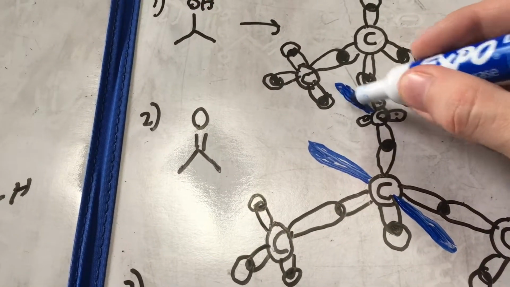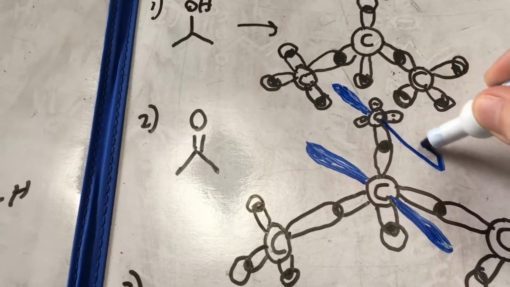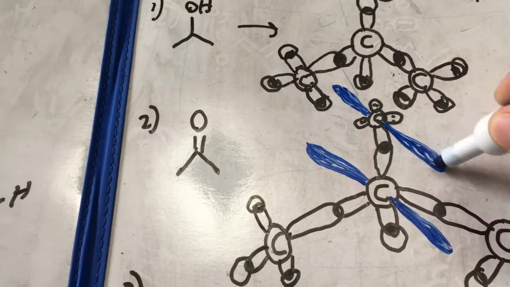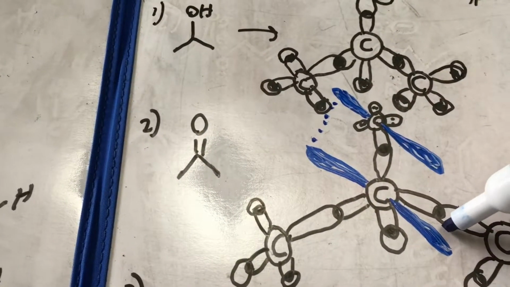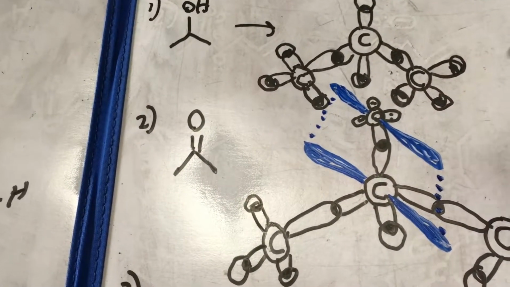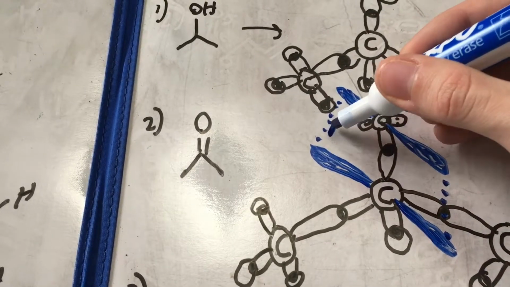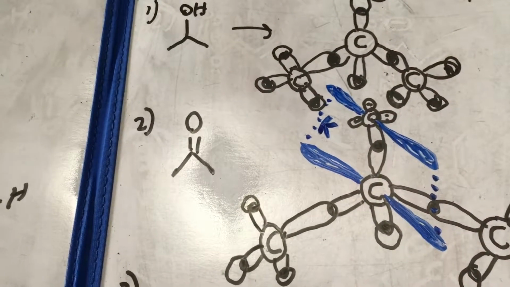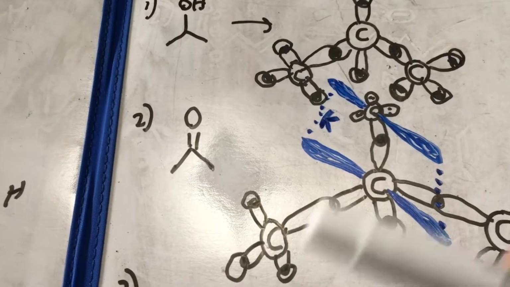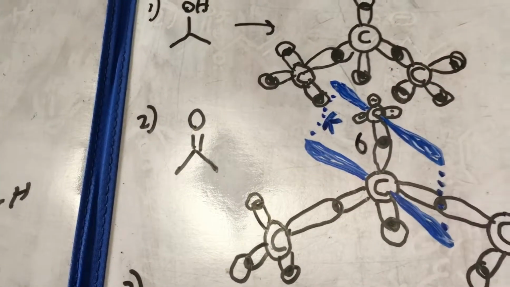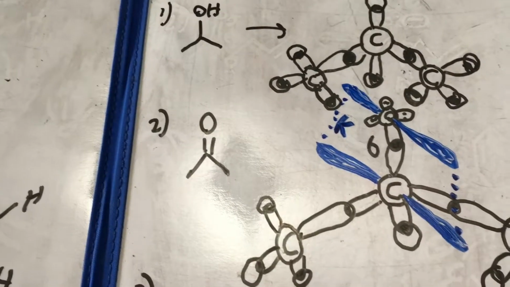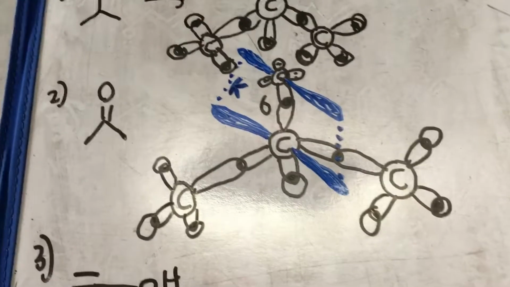And we're going to try to make them parallel, because that's how these guys bond. And we indicate with a dash, and we write pi. And then on this one we write sigma. And that's how we do that one.